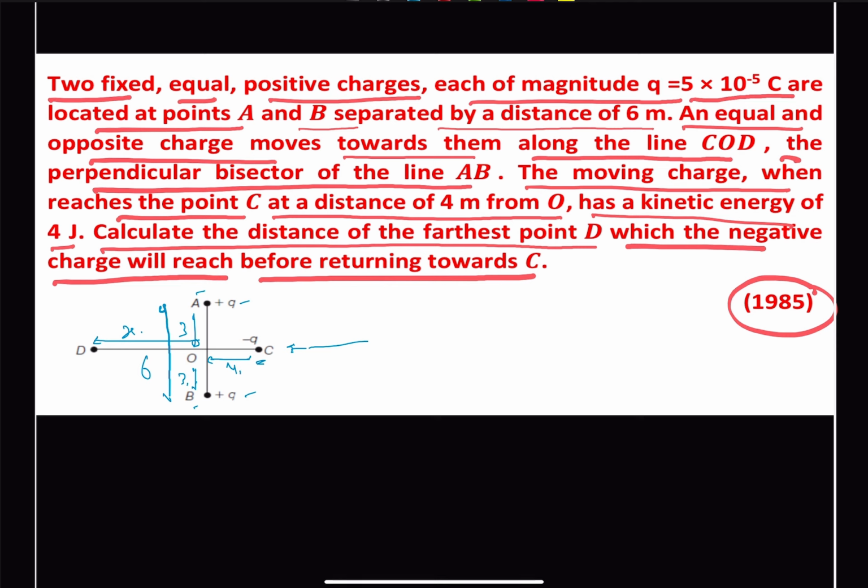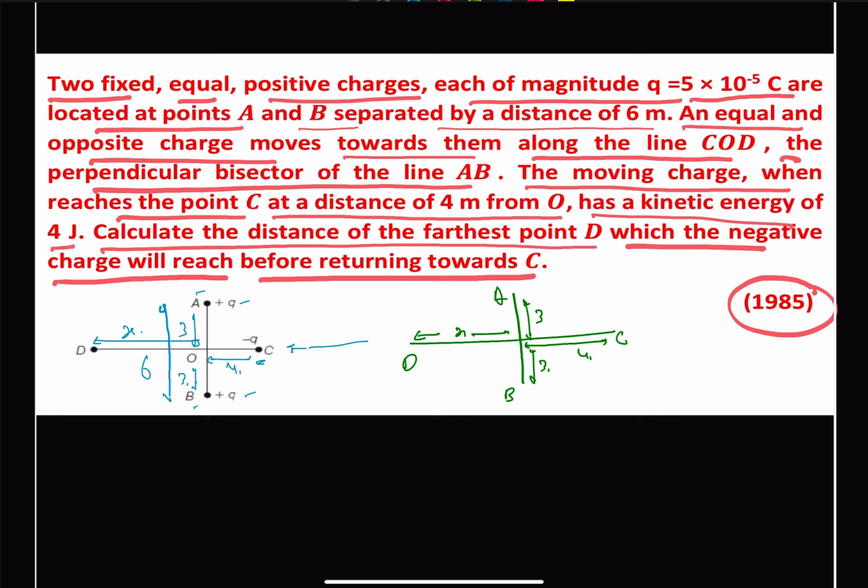So we can just draw only from the distance point of view. So we have this over A, B, D and C. So we just call this our x. So this is 3, this is also 3, and this point is our 4.